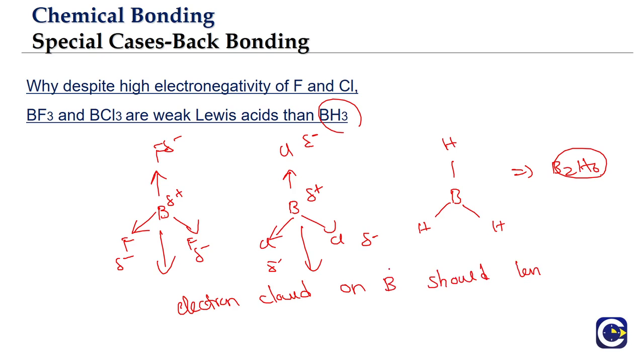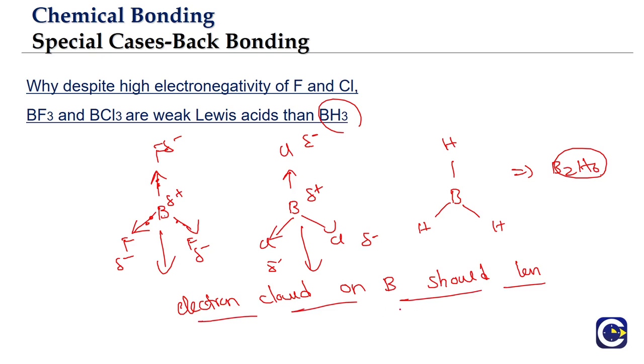Already it is less than octet, 6 electrons only as per the Lewis diagram representation, and if the electronegative elements are pulling the electron density, the bond pair electron density will be pulled more towards the electronegative element, right? So the electron cloud on boron should be less.